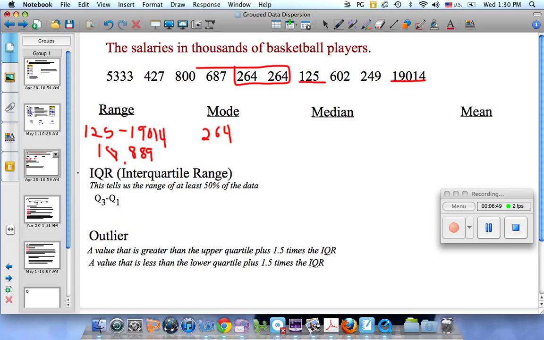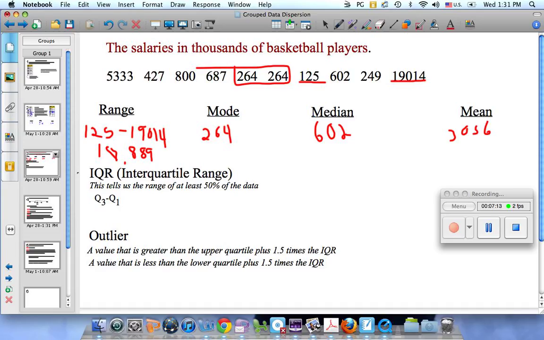And the median is 602. And the mean, when I look on my one variable stats, came up to be about 3,056.